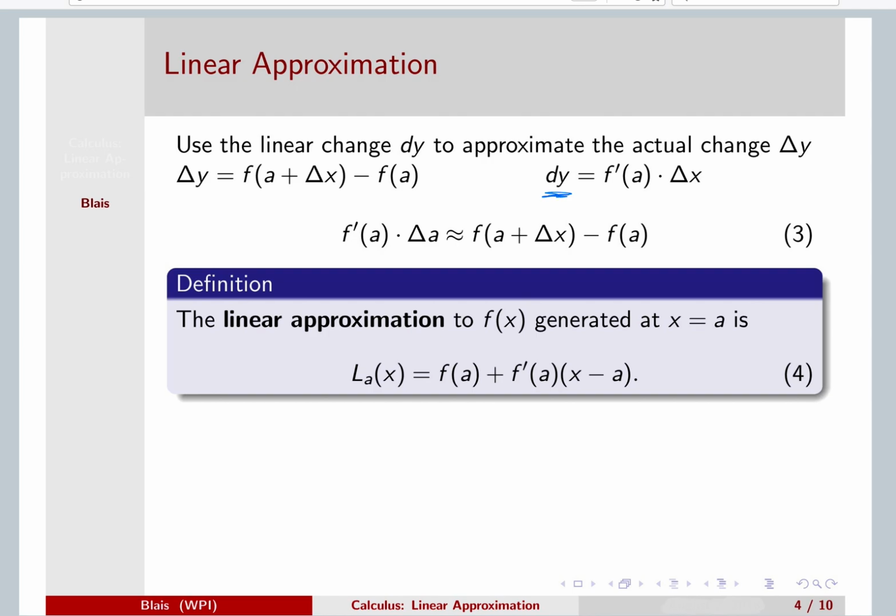And that's how we get the linear approximation. So this was our dy, and here we had our delta y. And so the idea is we use dy to approximate delta y. And again, delta y is the actual change in y as a result of moving from a to a plus delta x. dy is the resulting change where instead if we looked at the function itself, we moved along the tangent line.